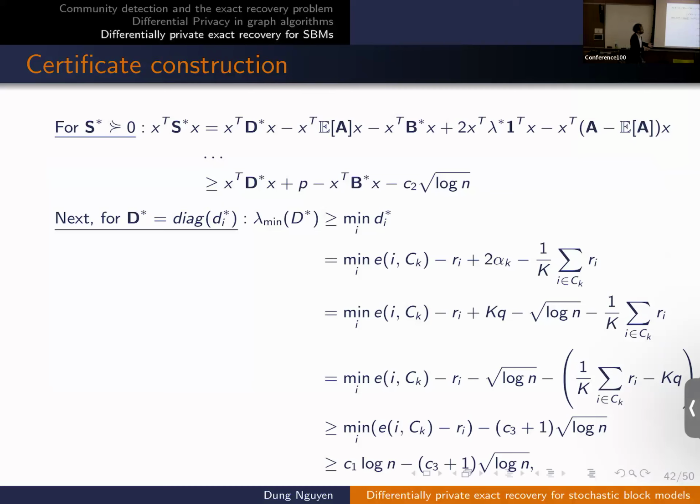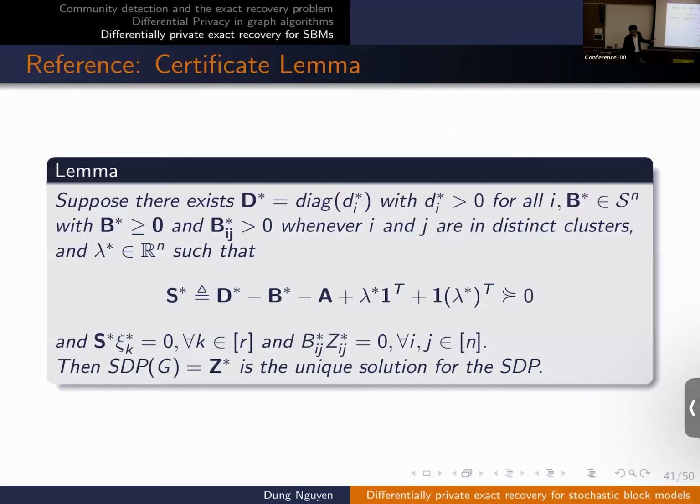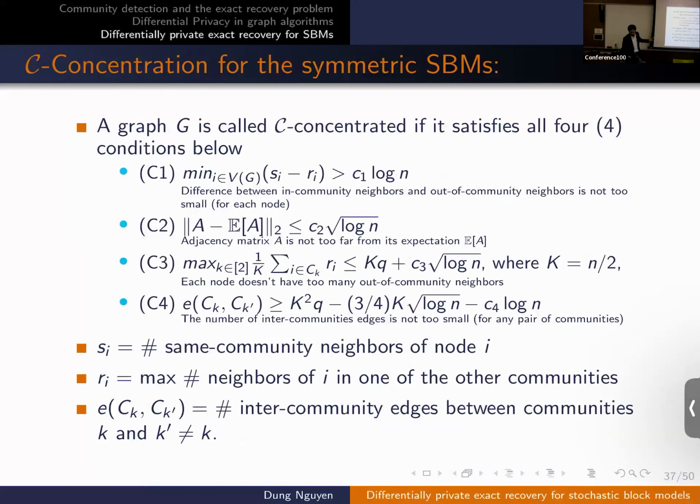By the definition of S star, we expand the equality into this one. As you can see, for this quantity here, the quadratic form of A minus the expectation of A, we prove that this is lower bounded using the second condition. Let me go back to the second condition. Here is the second condition. We prove that the L2 norm of A minus the expectation of A is upper bounded by C2 square root of log n.